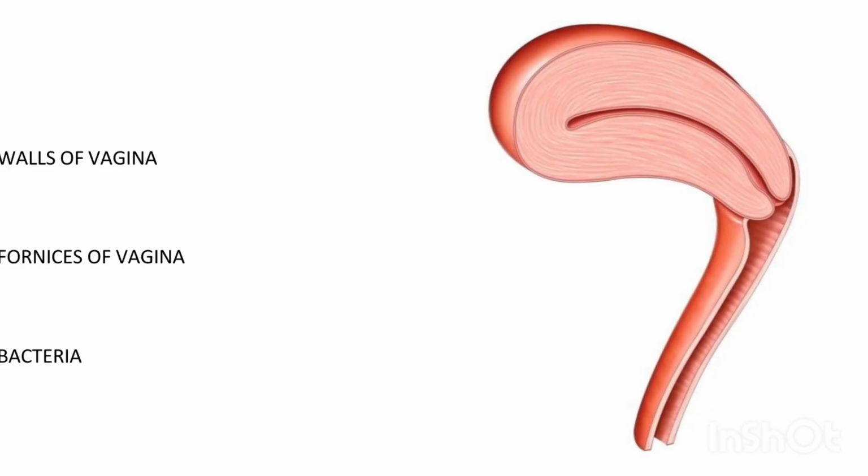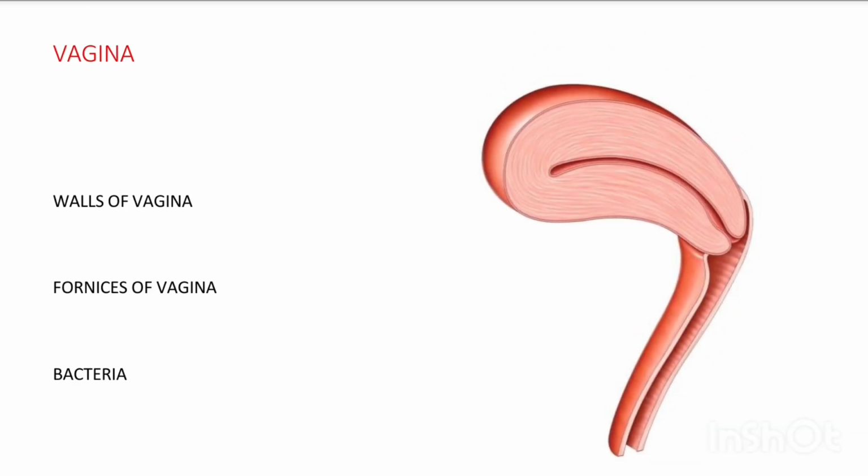So we will start from the vagina. What is vagina? Vagina is a fibromuscular tube-like structure connecting vulva to uterus. This is uterus. And external genitalia, which was previously discussed, include the vulva, labia minora, labia majora.